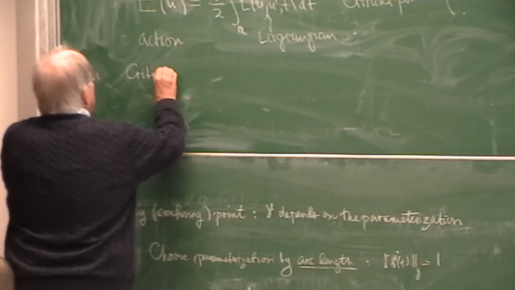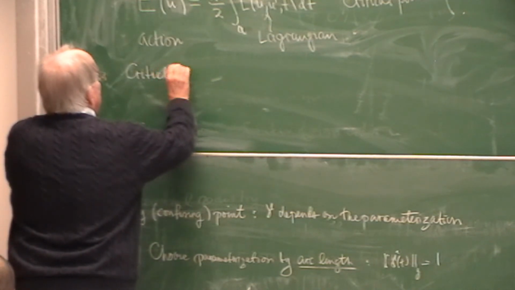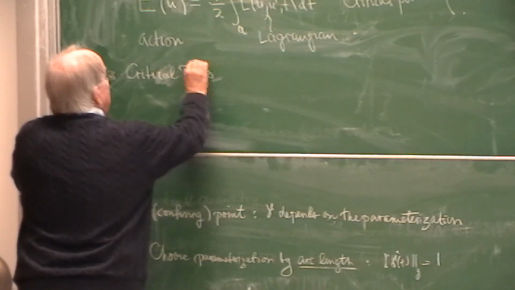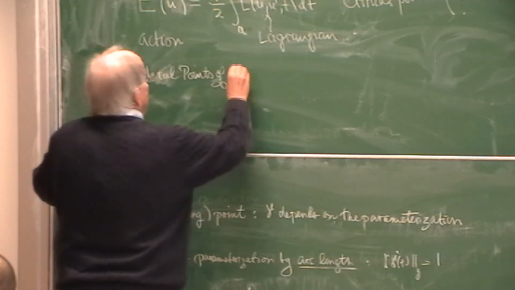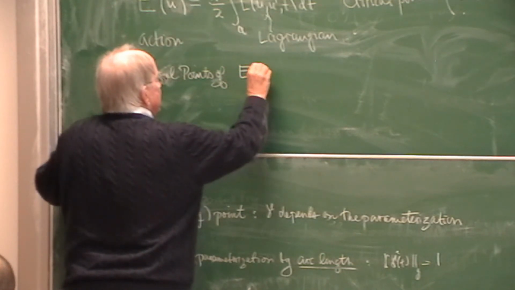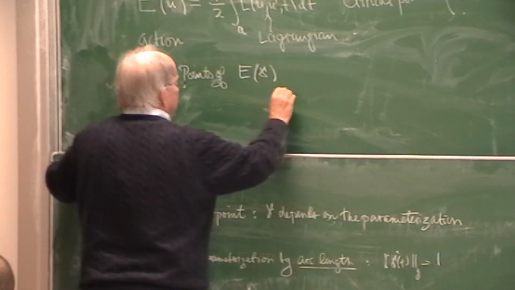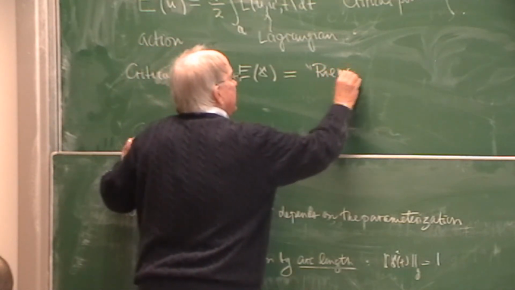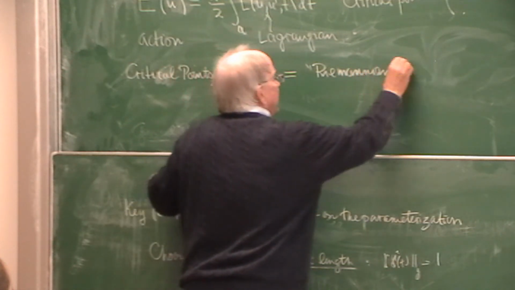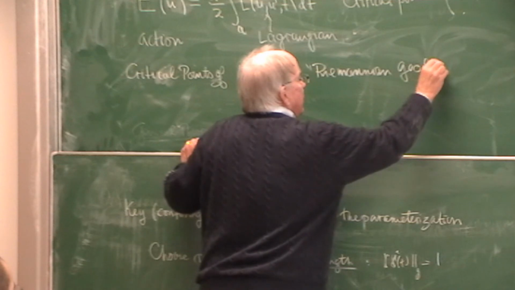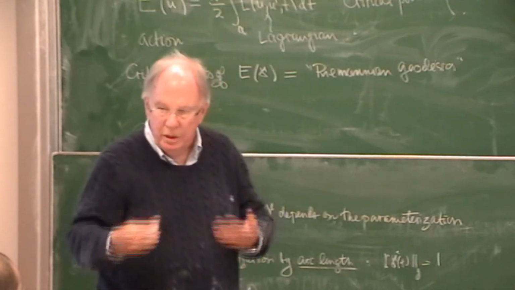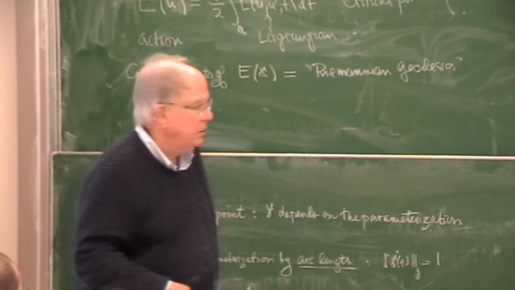So, critical points of the energy integral, so let me just write it as above. They are called Riemannian geodesics, for the obvious reason, because I use the Riemannian metric to define those geodesics, right?